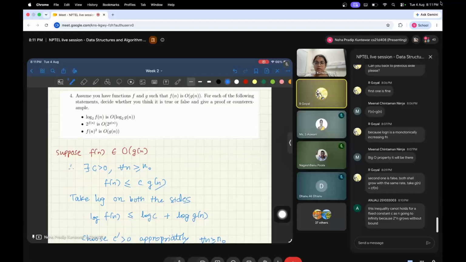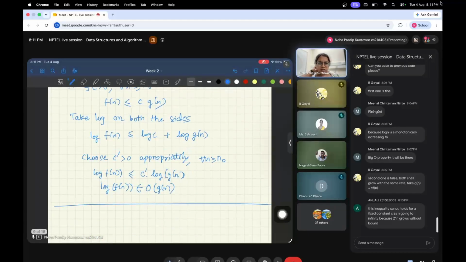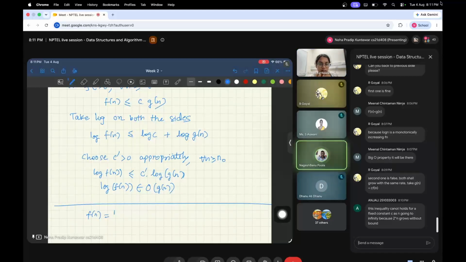A function is bounded by itself from the upper side as well as from the lower side. But to give a counter example, it only suffices to show that, let's say, f of n is a theta function.